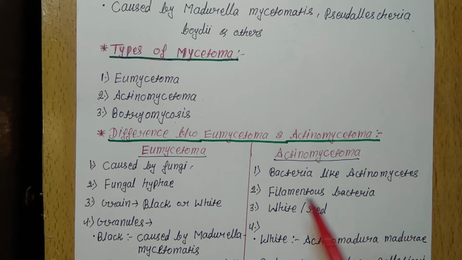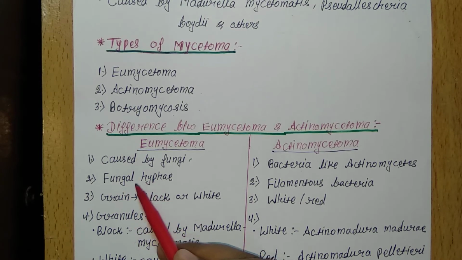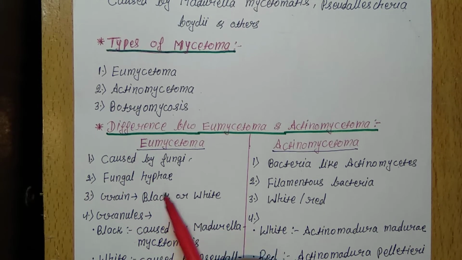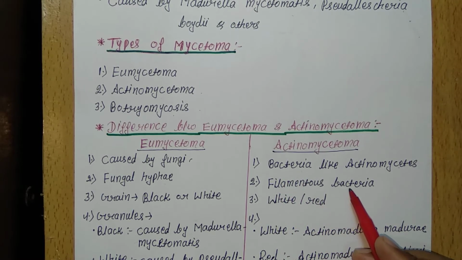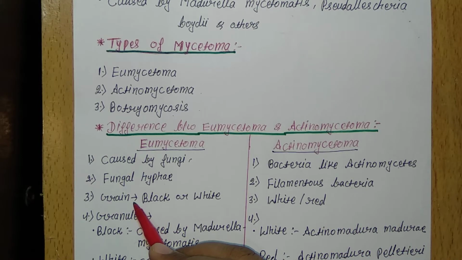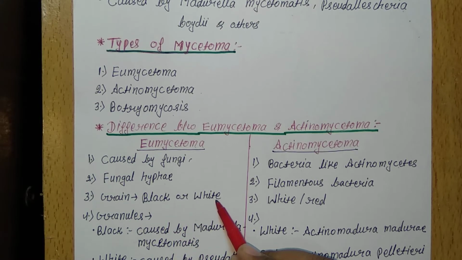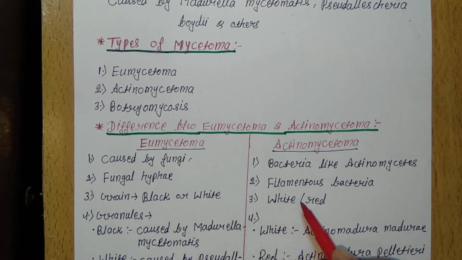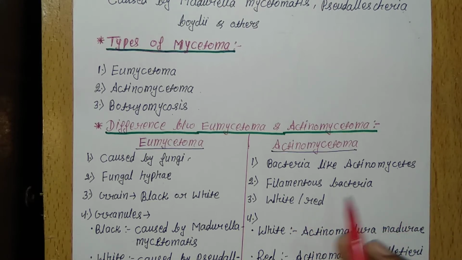Eumycetoma has fungal hyphae, and in actinomycetoma filamentous bacteria are present. The grain may be black or white in color, and in actinomycetoma the grain is white or red in color.